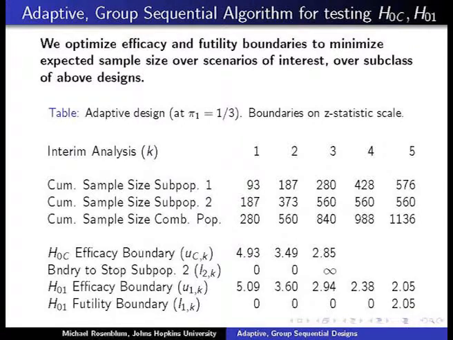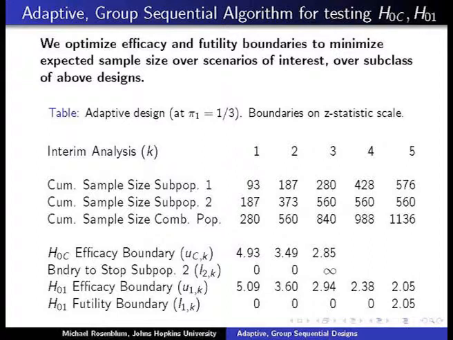So here I took the case of 5 interim analyses. So the first row is the cumulative sample size in subpopulation 1, then cumulative sample size in subpopulation 2, and then cumulative combined population. So we can just focus for a second on the cumulative sample size in population 1.